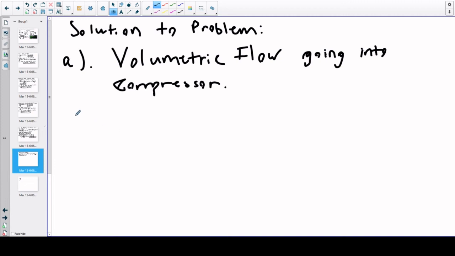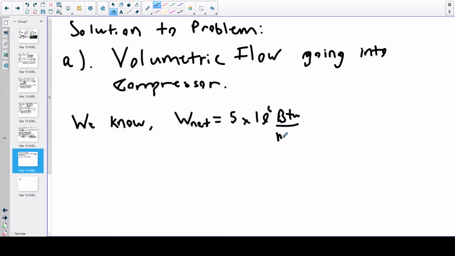And so what we have to do here is we need to get two things. We have to have the mass flow rate, and we need to know the specific volume, because if you remember from that equation, it's the volumetric flow rate equation that relates to mass flow rate and specific volume.